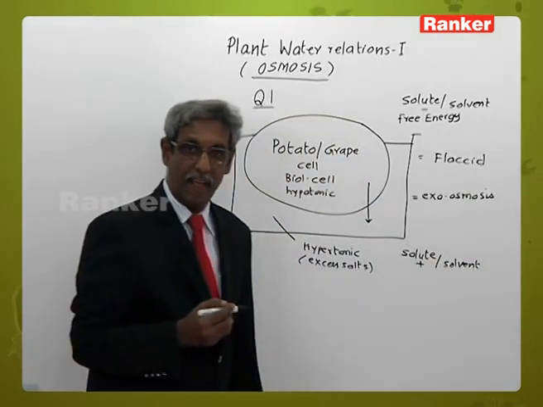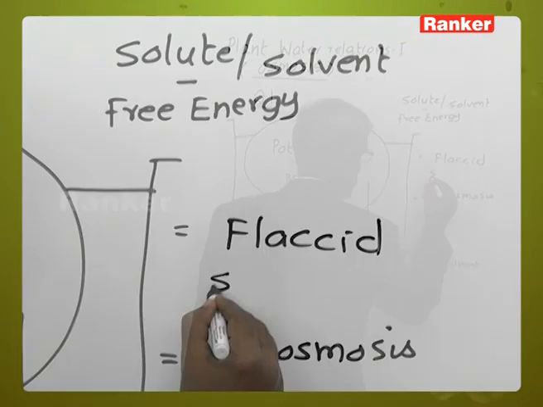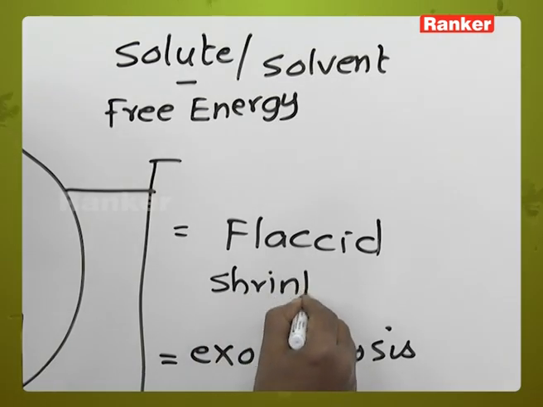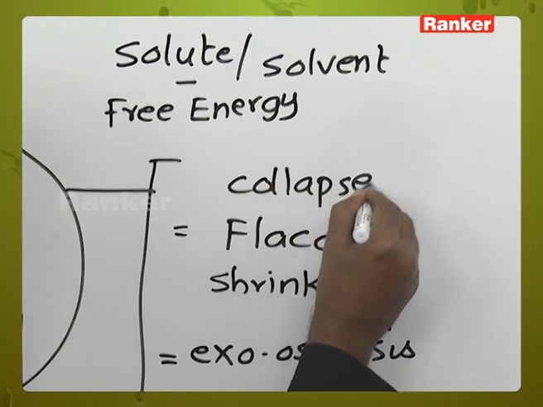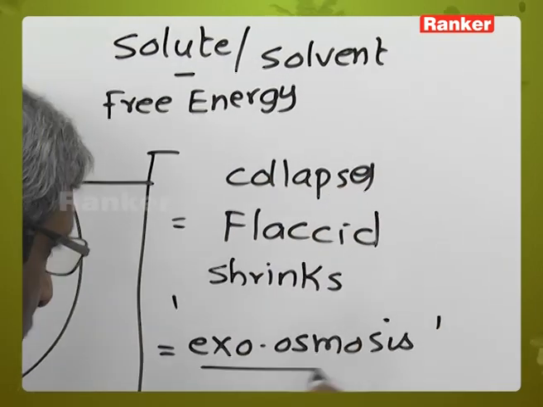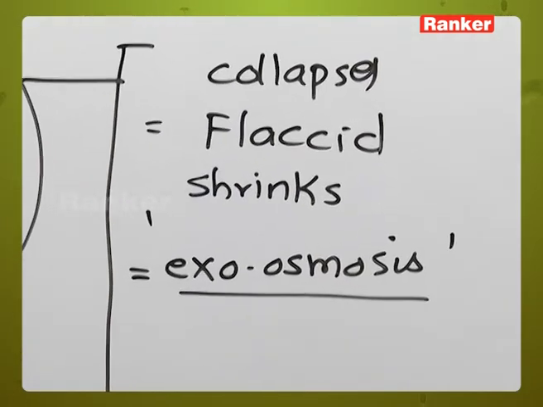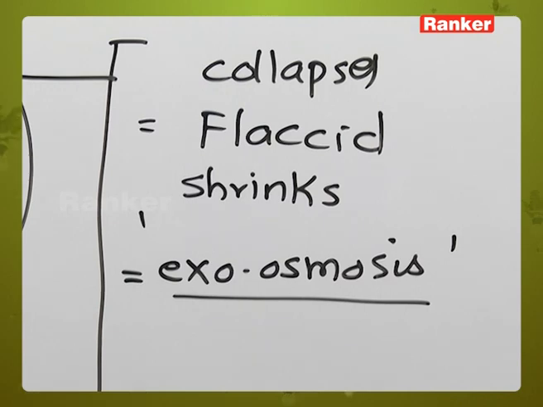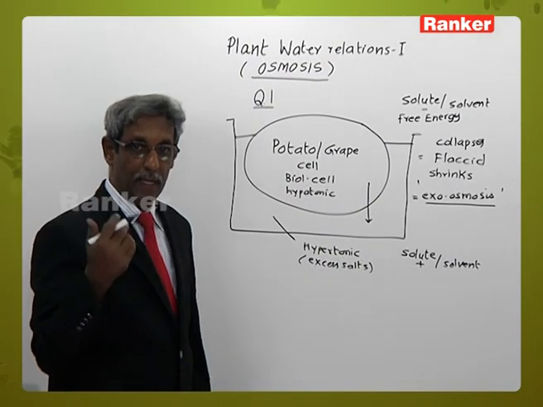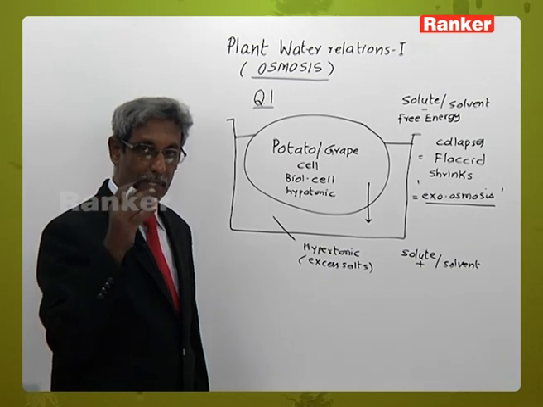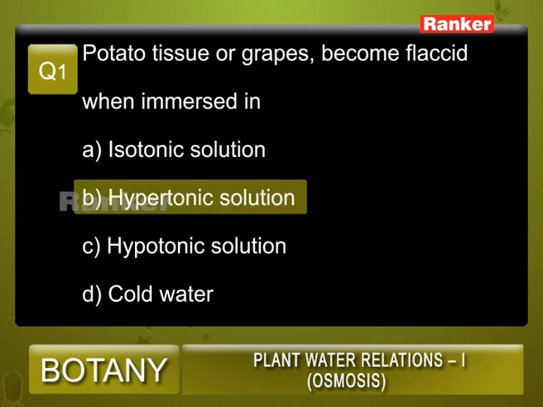The meaning of the term flaccid is that it can collapse or shrink. So, when you take a tissue and immerse it in a higher concentration, the cells will shrink and show exo-osmosis. So, among the choices, the answer is that it will shrink when placed in a hypertonic solution, hence the answer is B.